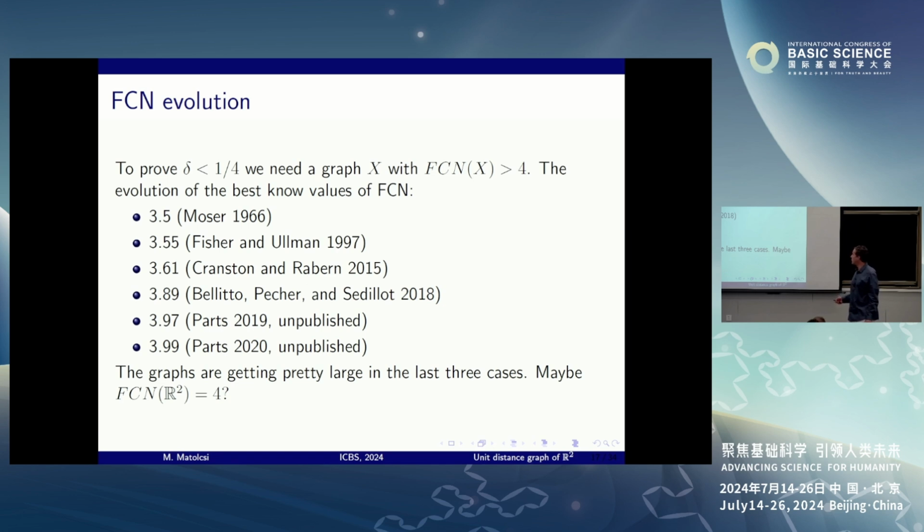And then there are two unpublished graphs, both of them on hundreds or even thousands of vertices, which have a fractional chromatic number reaching 3.99. So it's getting very close to 4, but it's not reaching 4 and definitely not going past 4. So maybe the reason is that the supremum of the fractional chromatic number of finite graphs is exactly 4. We don't know, but we will have some results on it in this talk.